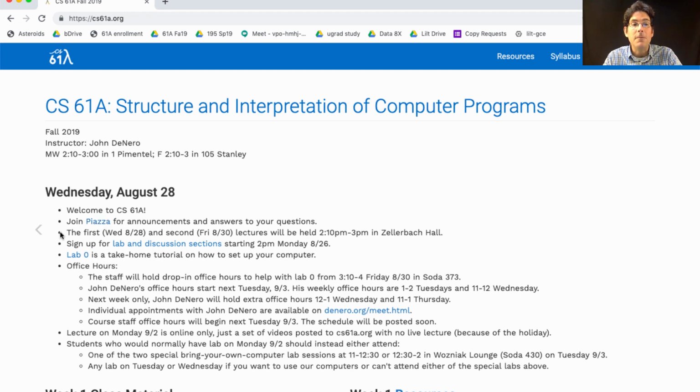Live lecture this week will be held in Zellerbach Hall because it has enough seats for everybody who is enrolled in this course. For the other weeks in the semester, we don't have enough seats in the regular lecture hall, but I have reserved evening overflow lecture times, where I will just give the live lecture a second time in a room with another 700 seats, just as long as there are enough students who want to hear the live lecture.